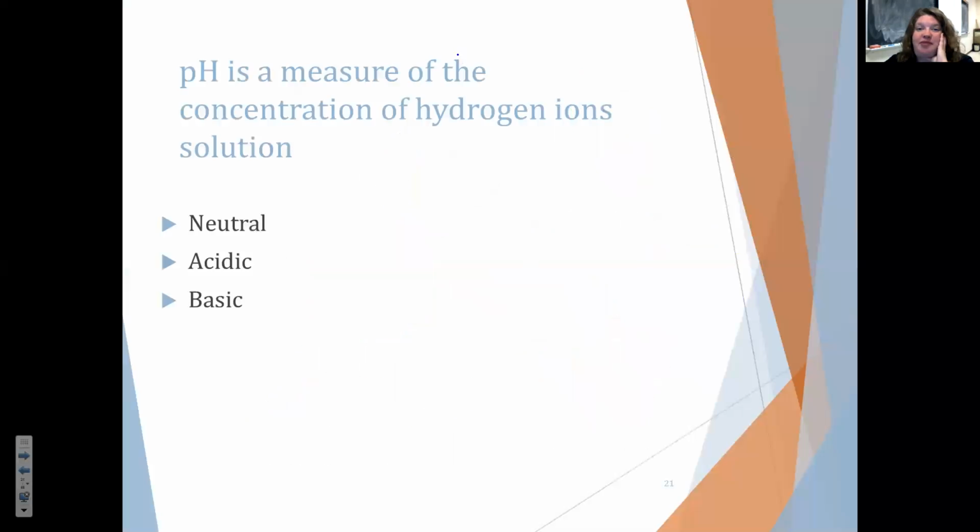The other thing that we talk about when we talk about solutions is their pH. pH stands for potential hydrogen, and so this is the potential for how much hydrogen a solution will release. When we talk about pH, all solutions fall into one of three categories. All solutions are either neutral or acidic or basic. And they're put into this category based on their concentration of hydrogen ions.